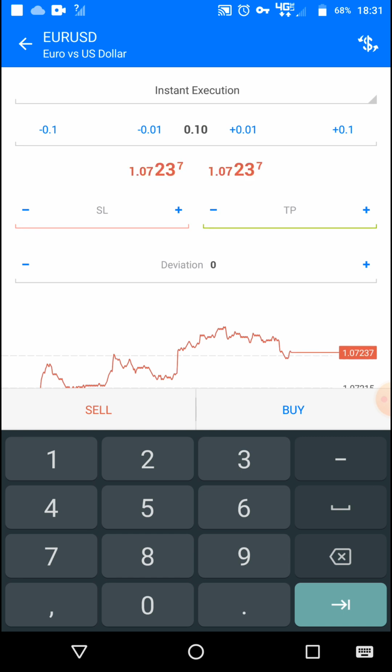So the calculation is very simple. Why is it $1? Just check the PDF in the WhatsApp group and you will understand it.